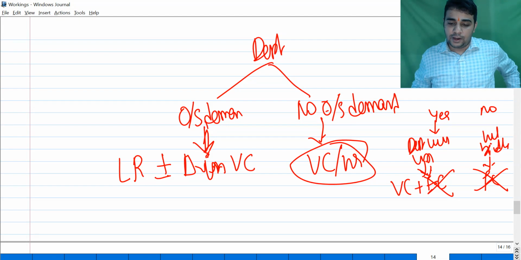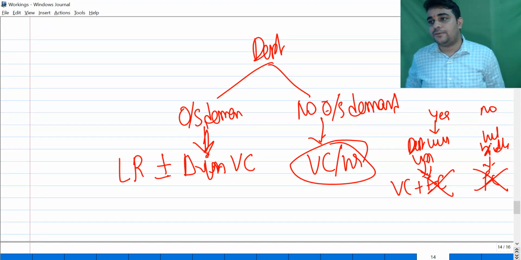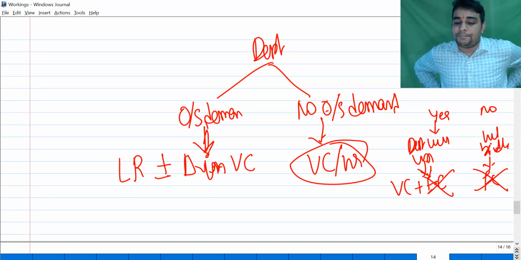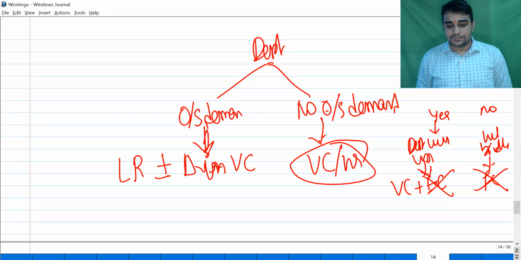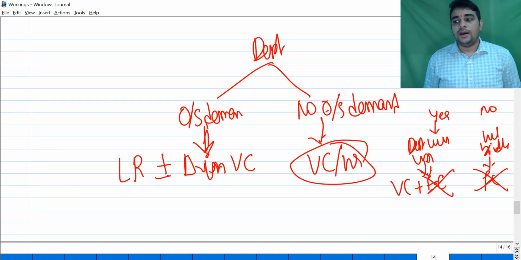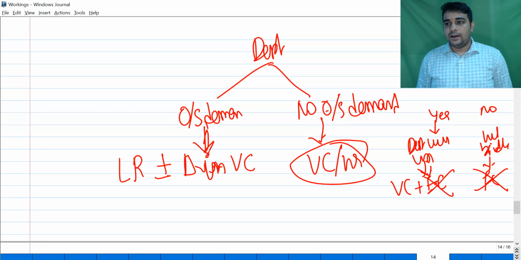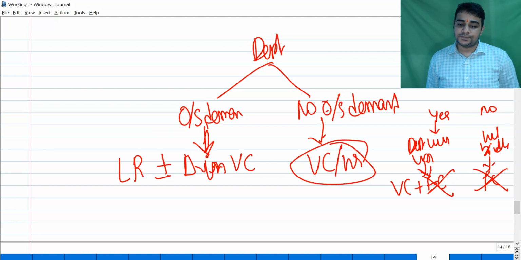After that, now write relevant cost of captive consumption. Captive consumption is internal use. Relevant cost of captive consumption, split into two: has outside demand, and other side no outside demand.